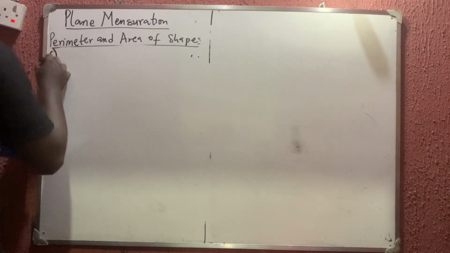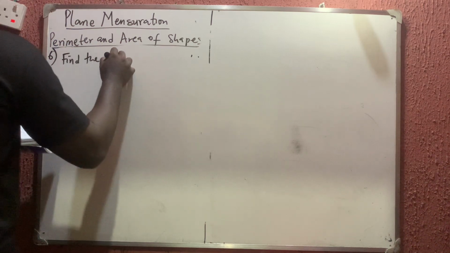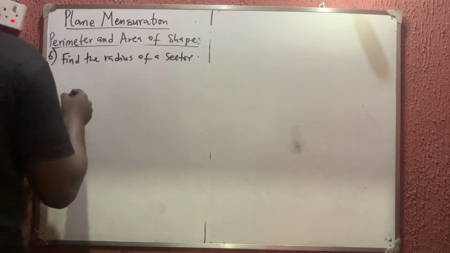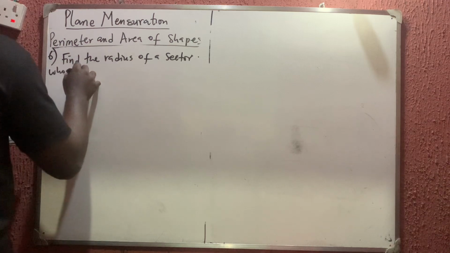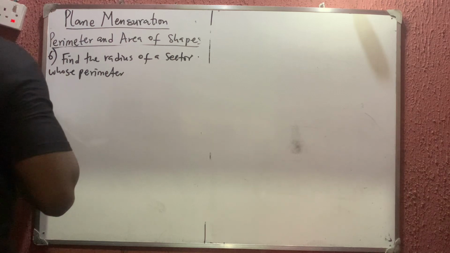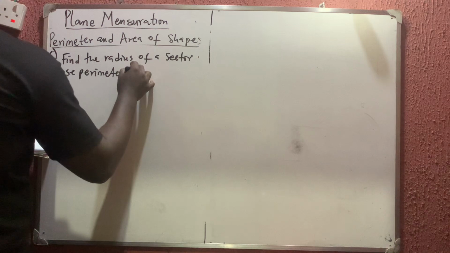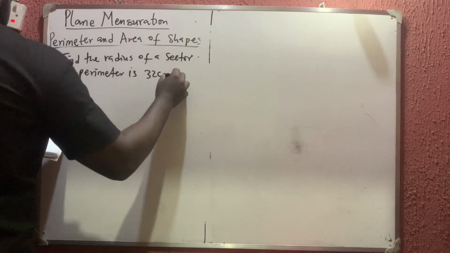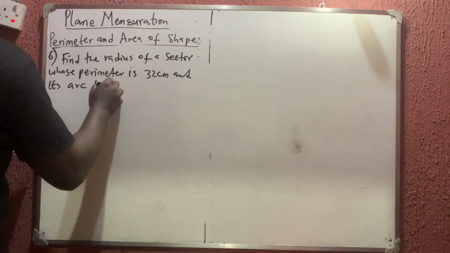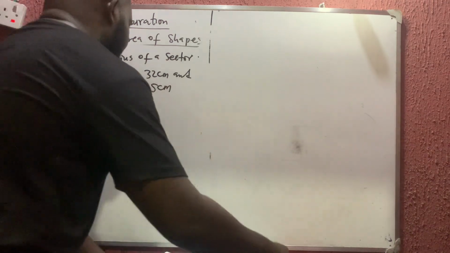Question number 6 said we should find the radius of a sector whose perimeter is 32 cm and its arc length is 25 cm. Okay, this is a very simple question.